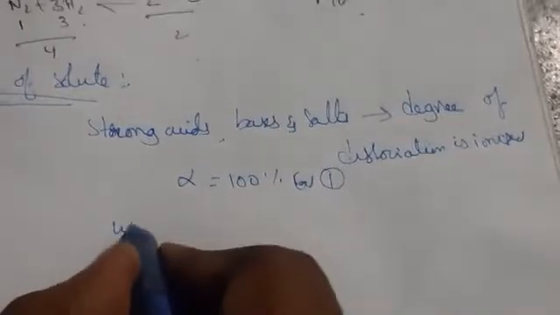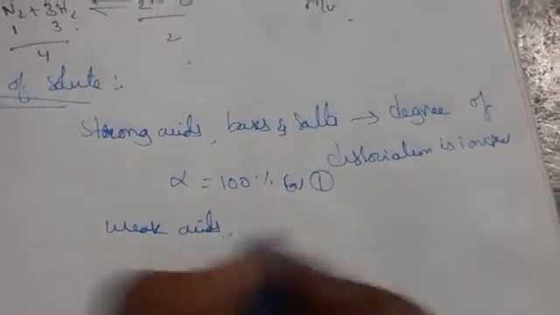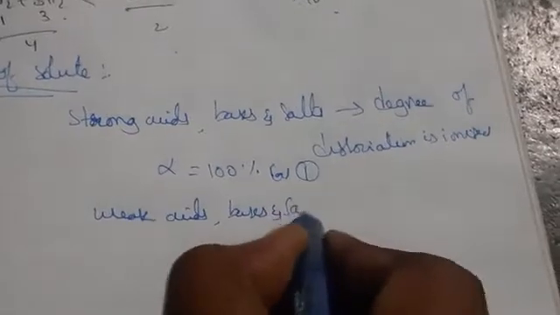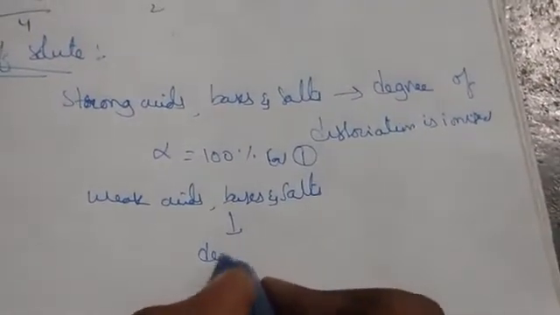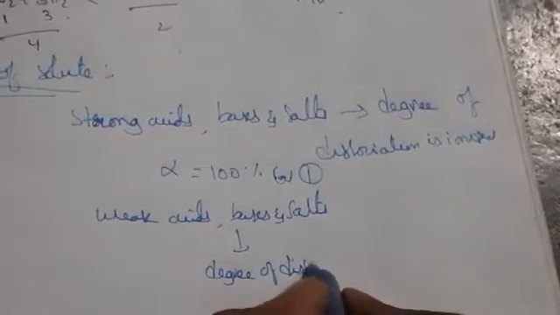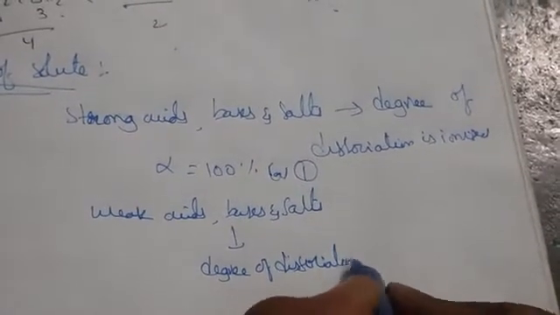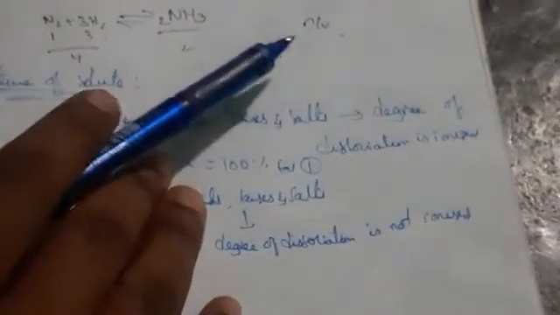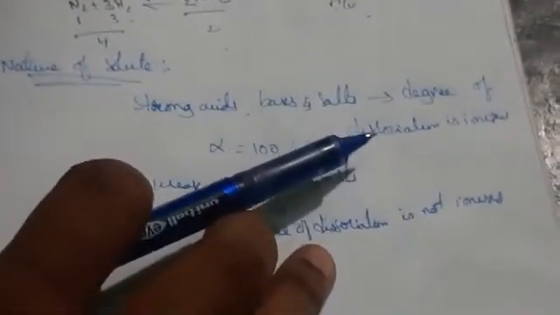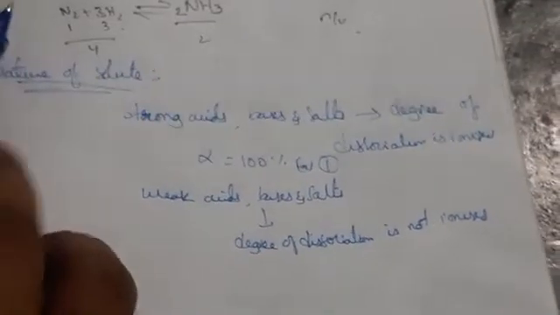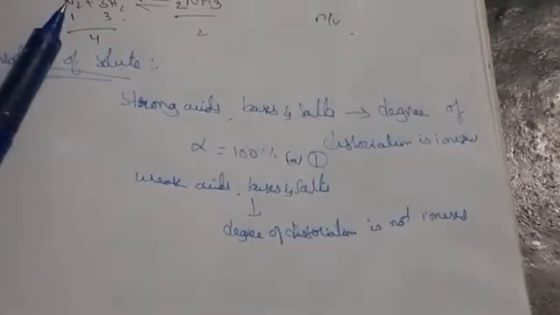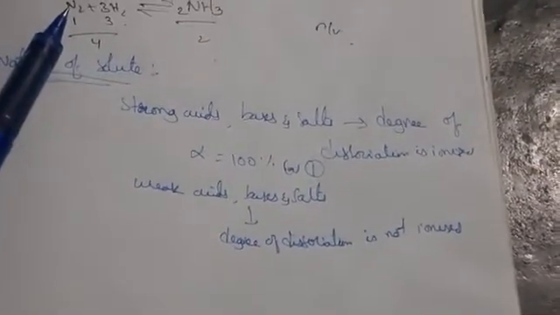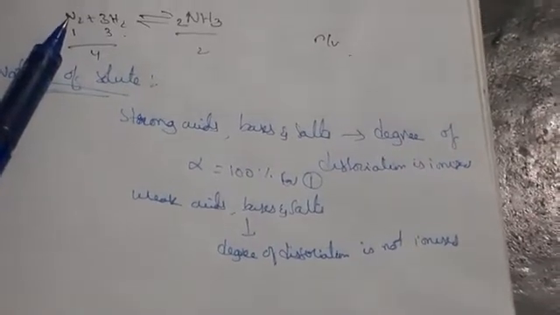Coming to weak acids, bases and salts, the degree of dissociation is not completely ionized. Here we see acetic acid molecules forming a dimer. So for strong acid, strong base, strong salts, the degree of dissociation is 100%, and the alpha value will give 1.